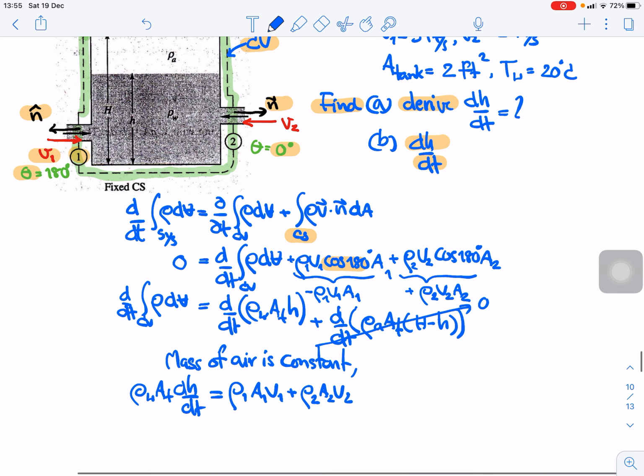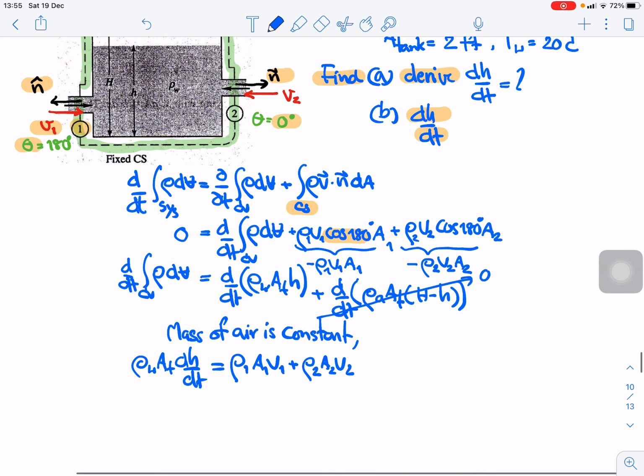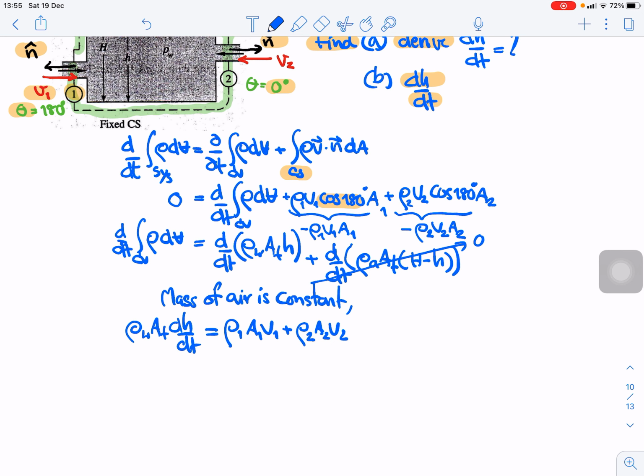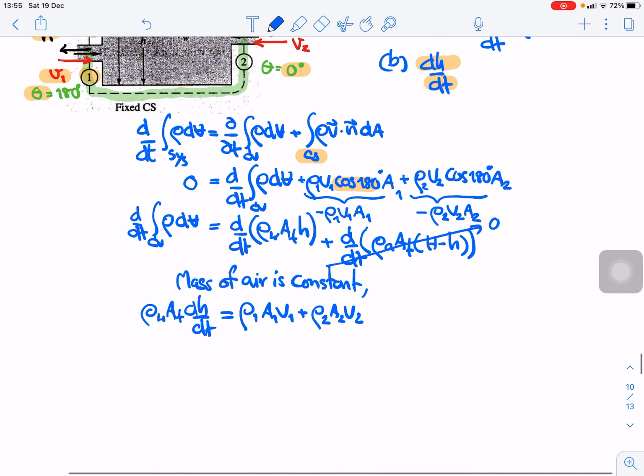So we get all negative, and when we move to the other side, we get all positive.